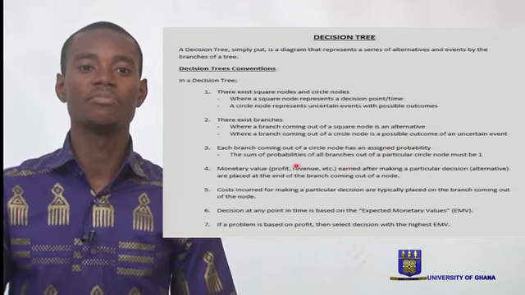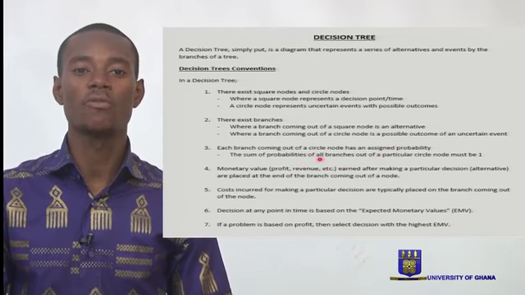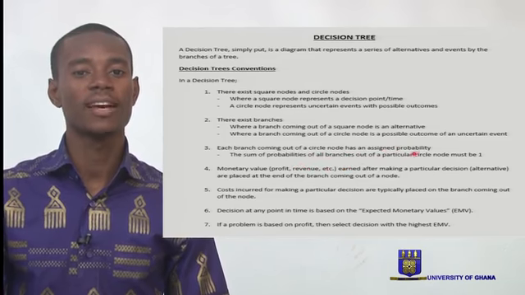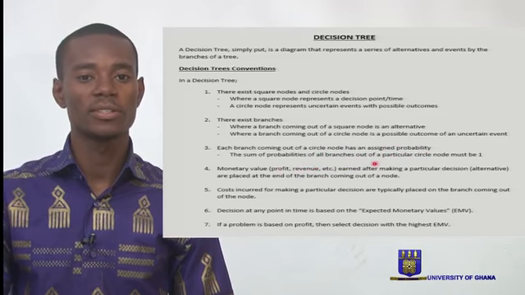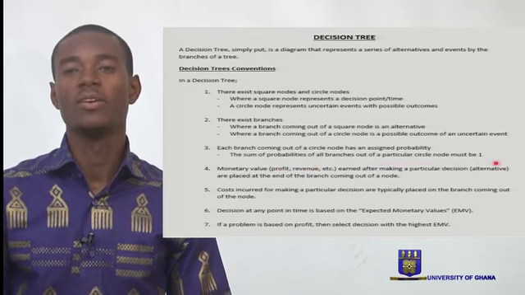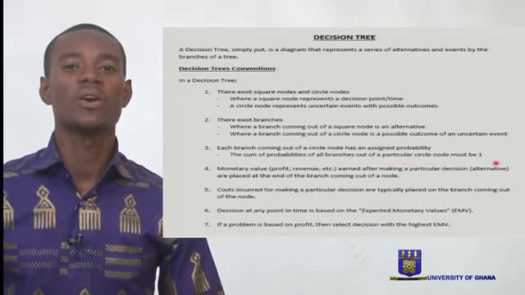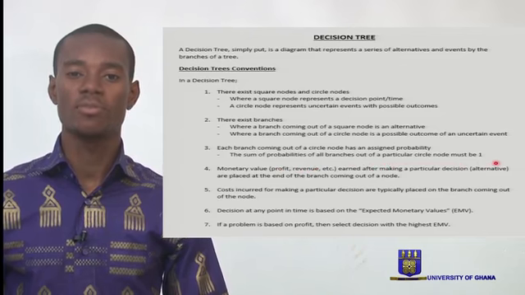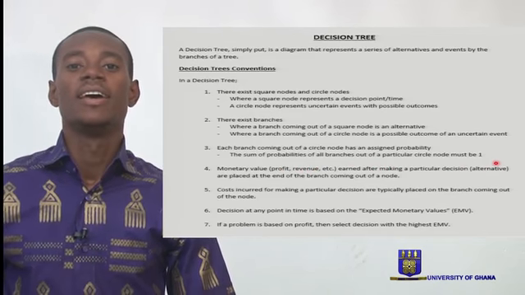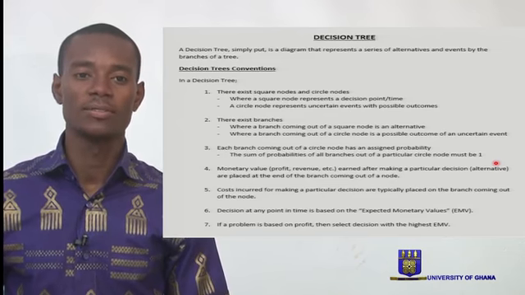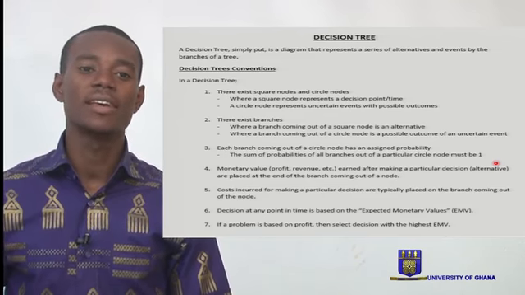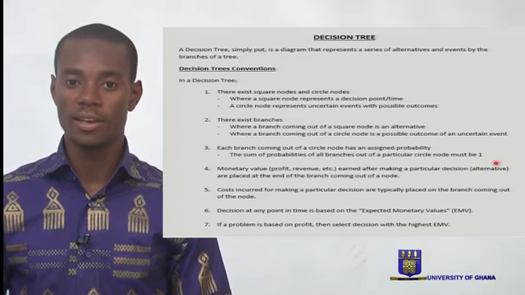Now, each branch coming out of a circle has an assigned probability. The sum of the probabilities of all branches out of a particular circular node must be 1. Just like we saw early on in the previous slides that all probabilities sum up to 1, the same idea is being captured here.